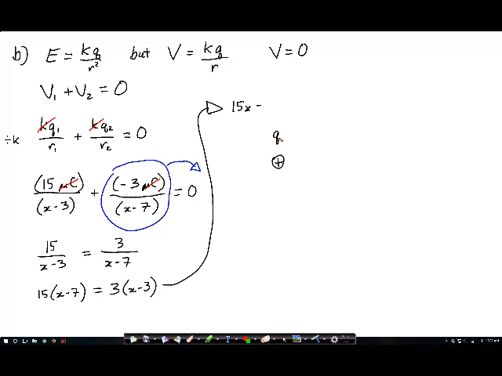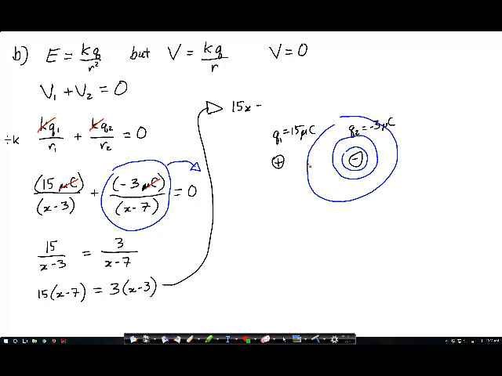So if we have a positive Q1 here, and that was 15 microcoulombs, then we have a negative Q2, negative 3 microcoulombs, then what happens is that we're going to have our negative potential around the negative charge, like this.